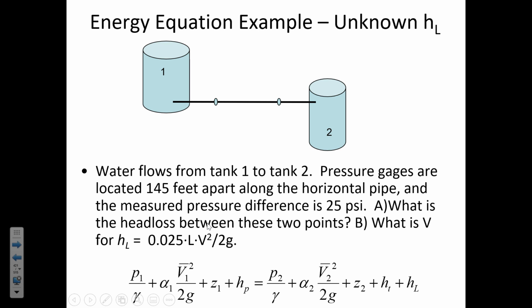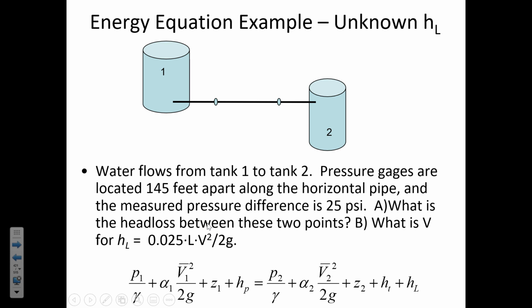If 1 and 2 are in the pipe, there is a velocity there, but since the velocities are the same, that means we can cancel out the velocity term from the energy equation. There's no pump, there's no turbine, there is loss, and we have an equation for that, and Z1 equals Z2.